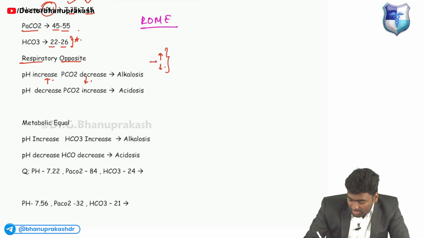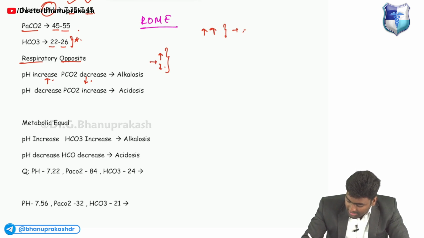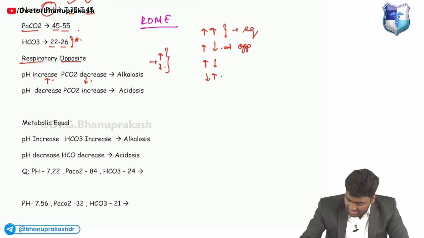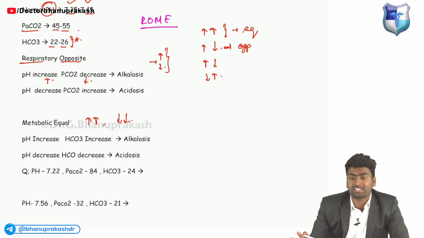No, they are on opposite sides, right? If the two arrows are on the same side, we call them equal. If one is on this side and one on the other side, it is the opposite one. So remember, if it is respiratory, it will always be opposite, either increase-decrease or decrease-increase. Whereas in a case of metabolic, both will increase or both will decrease. This is the thing you need to remember.